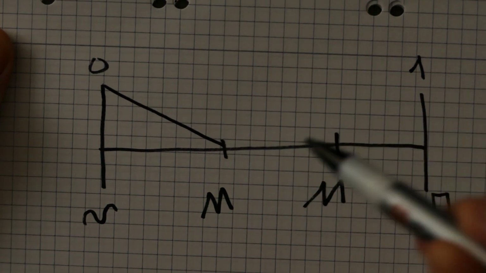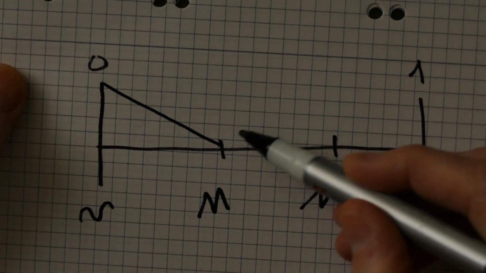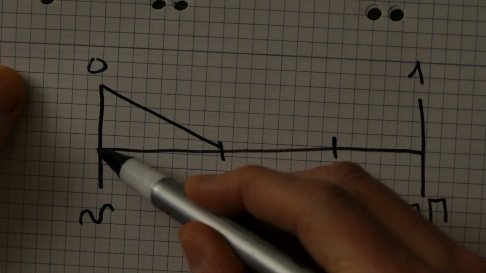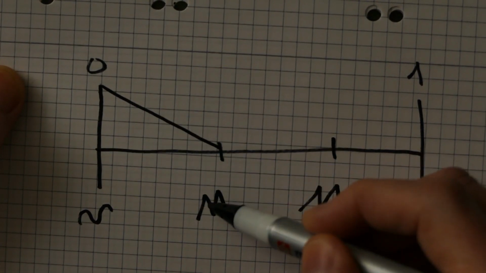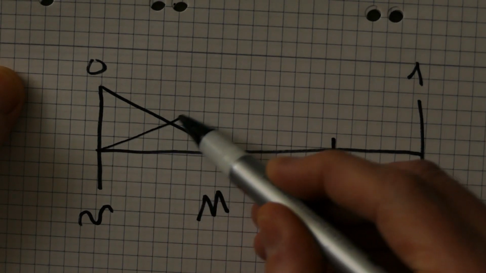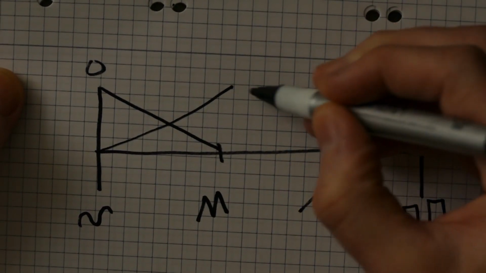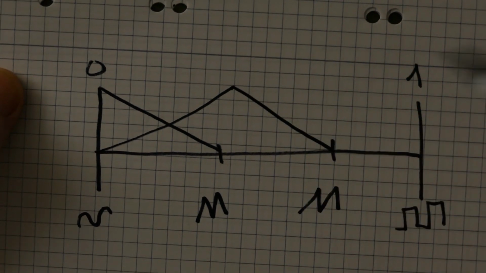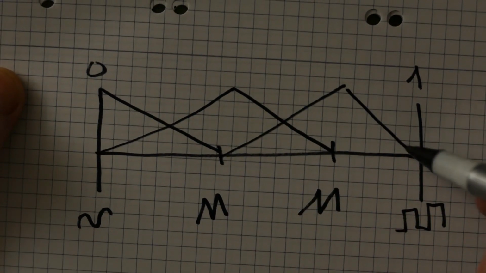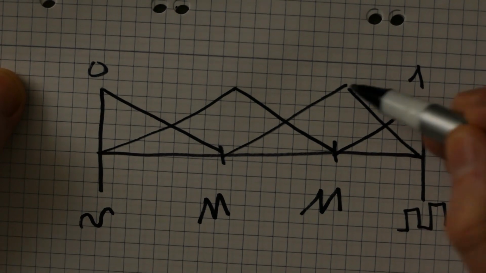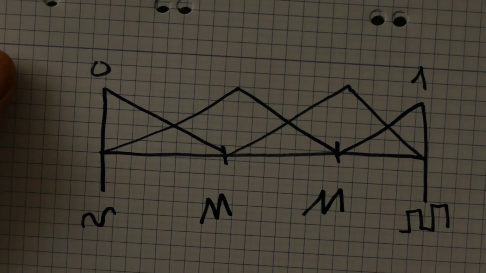So that is exactly a pure triangle. And then we want the triangle to start at 0 and go up to 1, and then go down again to 0, and so on and so forth for the 4 different waves.